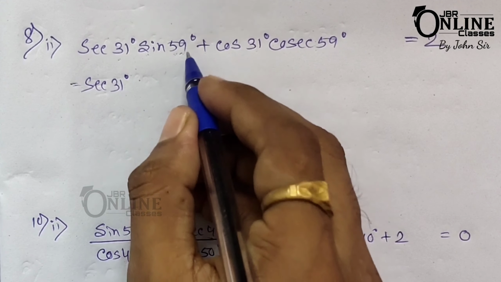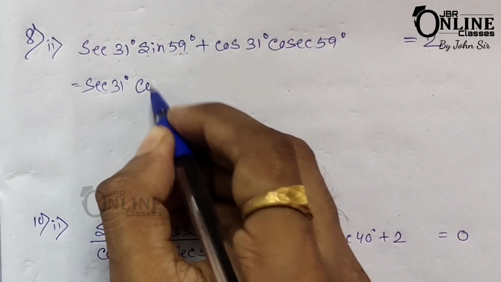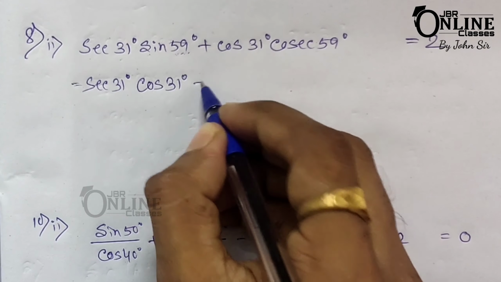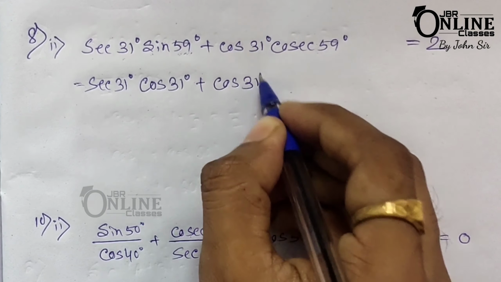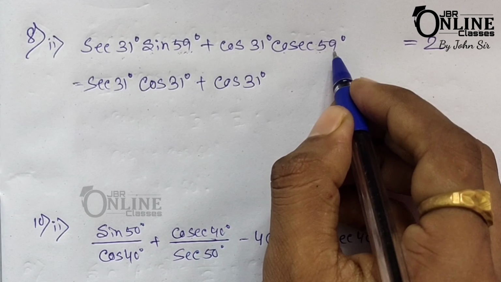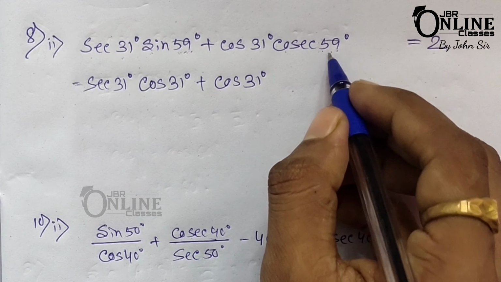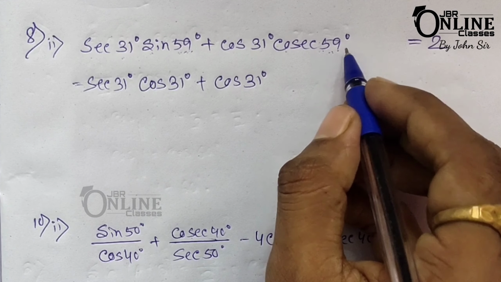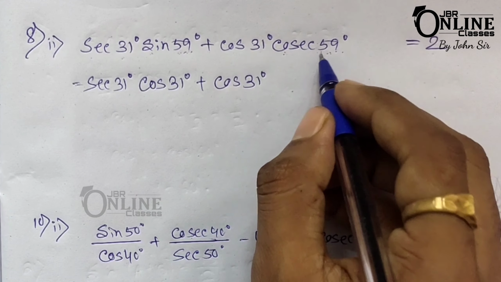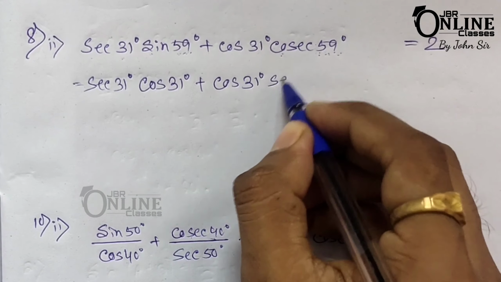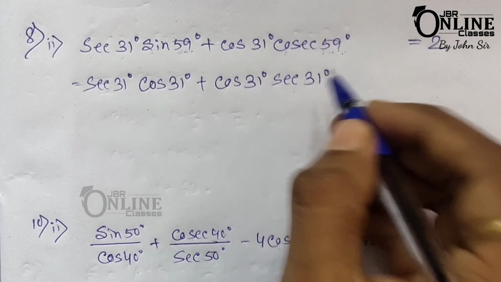So sin 90 minus 31 becomes cos 31. Next one, here cos 31. Now cosec 59. Instead of 59 you can write 90 minus 31. Now cosec 90 minus 31 is the formula of sec 31.